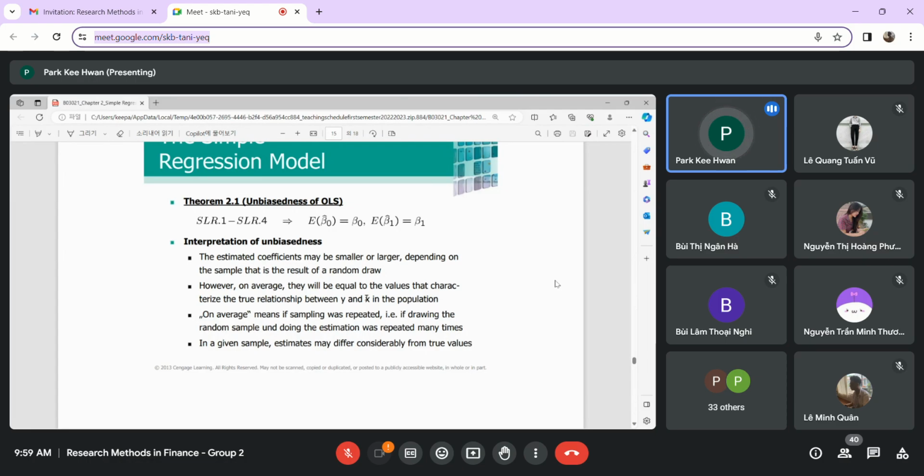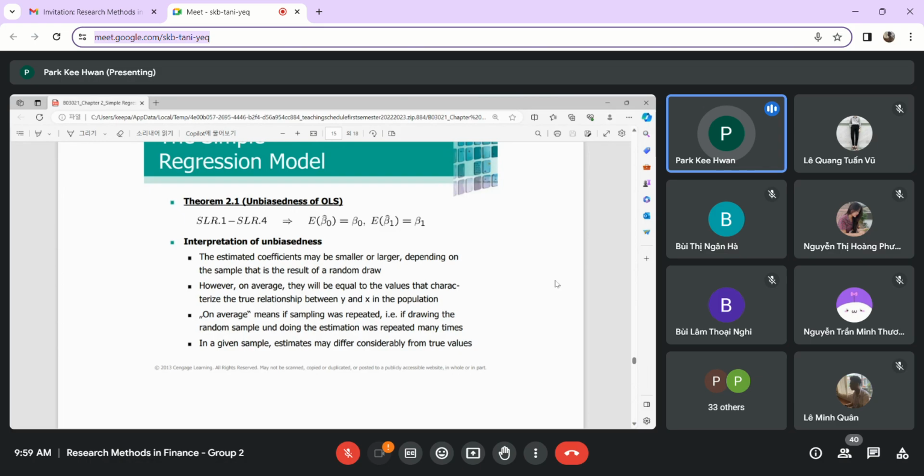What we are trying to say is that, on average, the estimate beta naught hat and the estimate beta 1 hat will be equal to the true population parameters beta naught and beta 1.